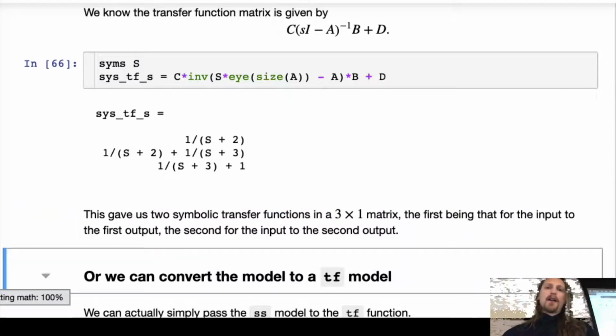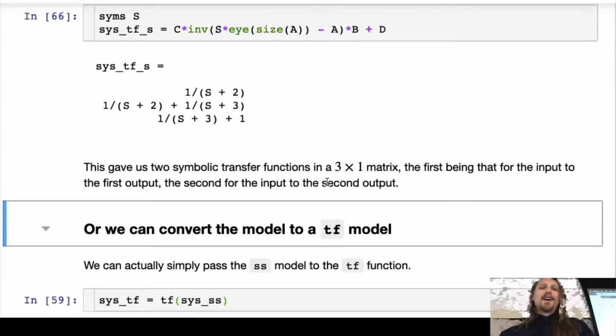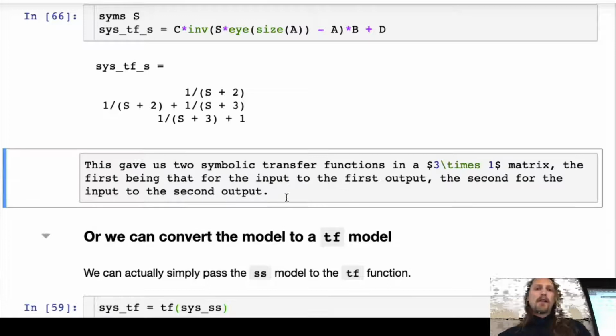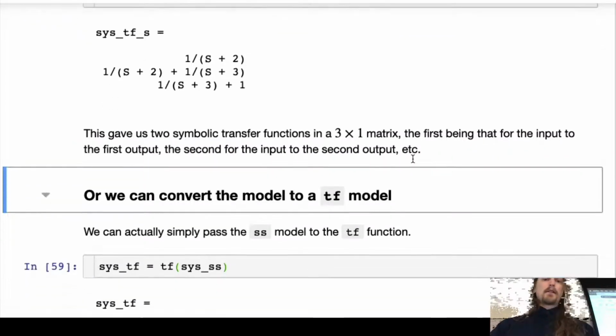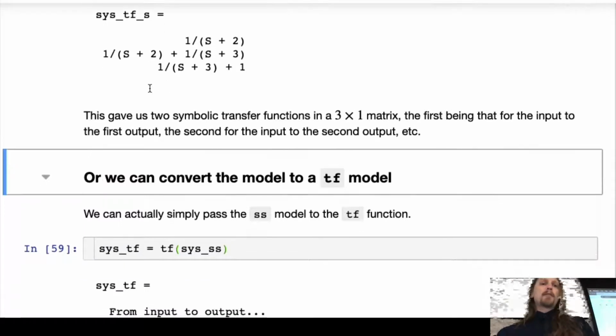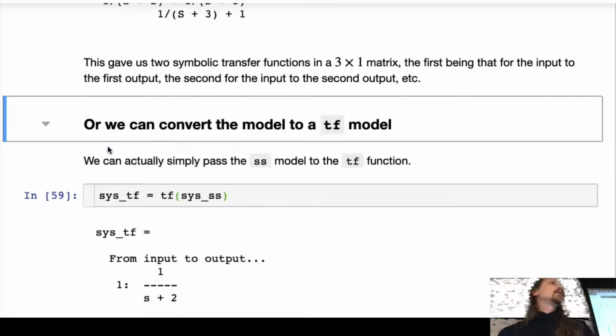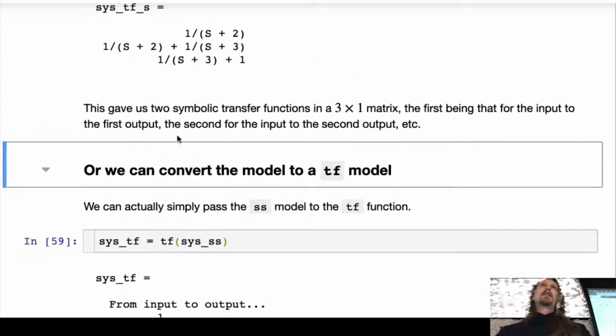It was 2 by 1 and then I changed it. Okay, so it gave us a symbolic matrix of transfer functions, and we can interpret them as being those transfer functions from the one input to each of the outputs. So that was the symbolic derivation.